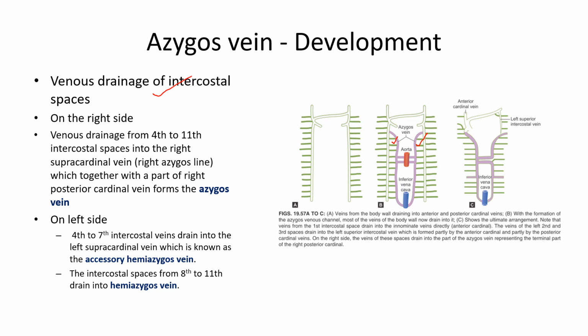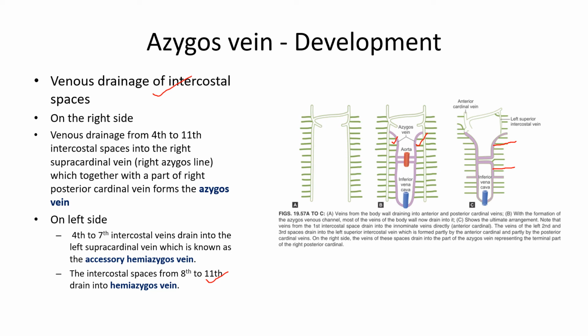And on the left side, the intercostal spaces from 8th to 11th drain into the hemiazygos vein. So this is the hemiazygos vein and this is the accessory hemiazygos vein. So the azygos veins develop from the right and left supracardinal veins.